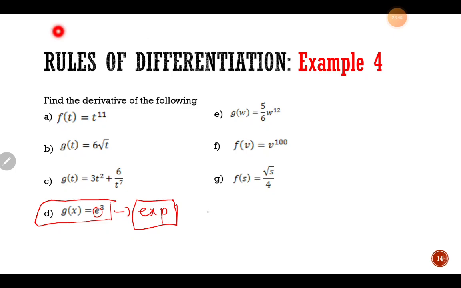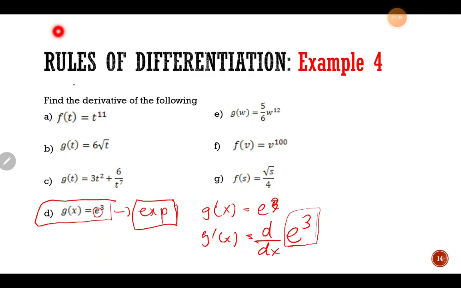So, gx of e the power of 3, maknanya kat sini, untuk find g prime x, kita cari the derivative ddx of e the power of 3. Tengok, e the power of 3 ni sebenarnya is a constant. Kalau you cuba tekan calculator, e power of 1, you akan dapat value 0.7 something. Saya pun tak ingat dah berapa.